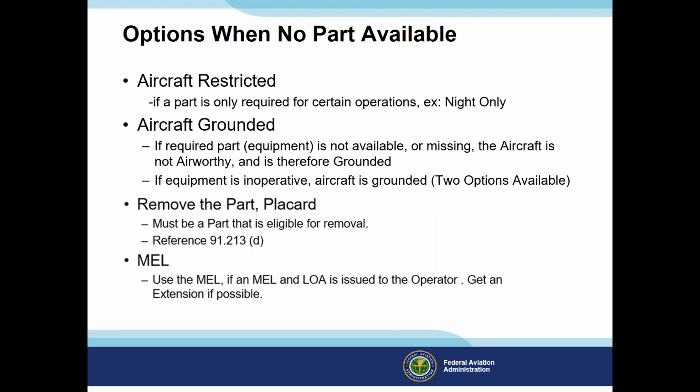Or you could use an MEL, if there is an MEL and letter of authorization issued to the operator. And in that case, if the part doesn't come along within the required repair interval, you could ask for an extension. We're going to look at these two options in the next few slides.